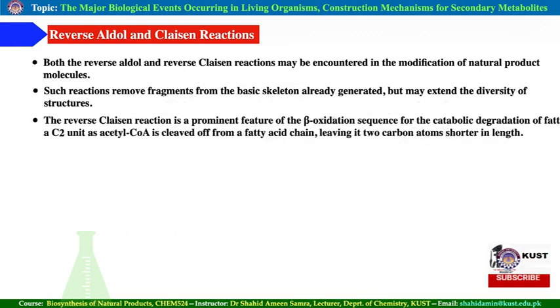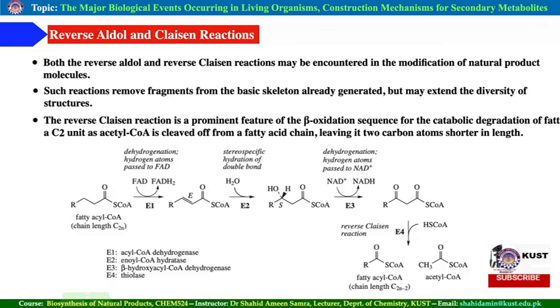The reverse Claisen reaction is a prominent feature of the beta oxidation sequence for the metabolic degradation of fatty acids. That is a two-carbon process where two-carbon units as acetyl coenzyme A are cleaved off, released from the main chain of the fatty acid, and this way the fatty acid chain is reduced every time by 2 carbons, and the chain length is shortened.